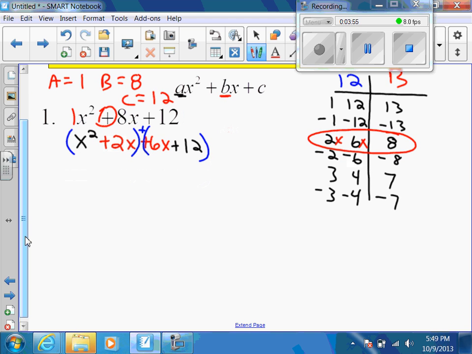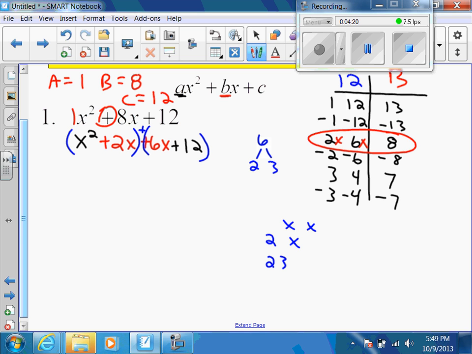Now I need to take the first 2 terms and make my prime factorization. X squared is x times x, 2x, 6x. I need to treat 6. I have 2 and 3. Well, I messed up here.